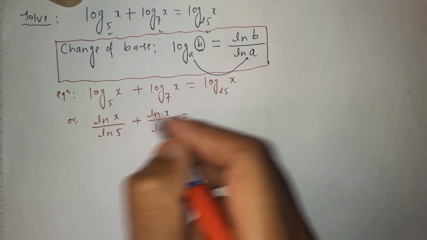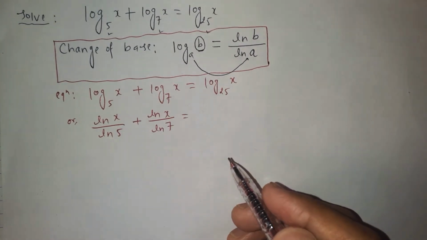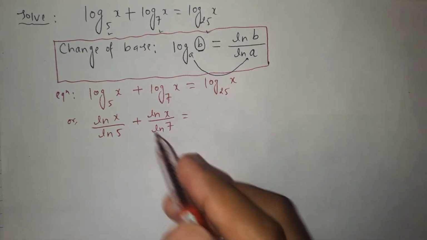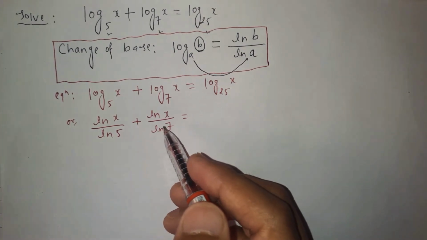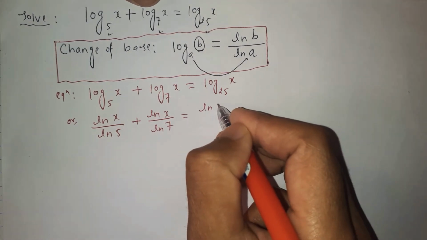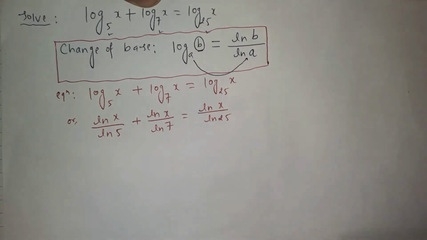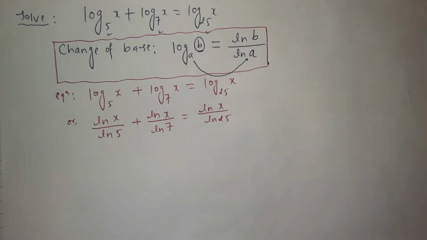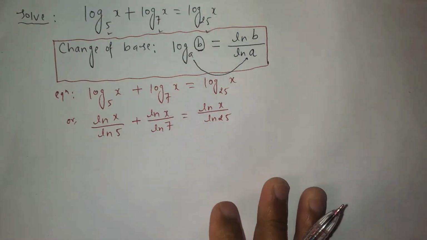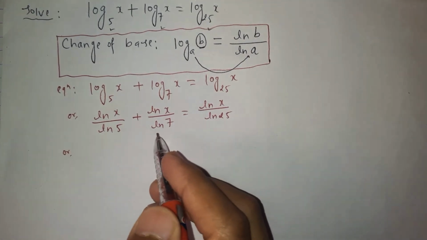Here I am just converting the different bases of the logarithms to the same base, and the right side can be written as ln of x over ln of 25. This is the first step. Here we just changed the base of the logarithms by using the formula, and here is a very beautiful form.